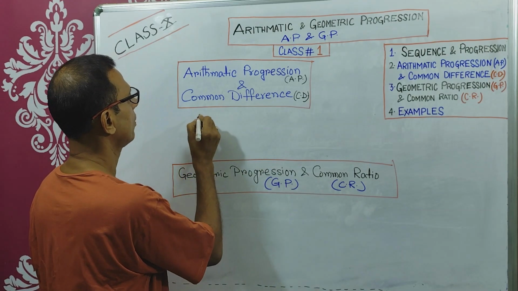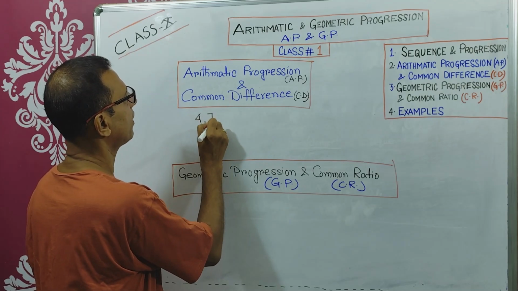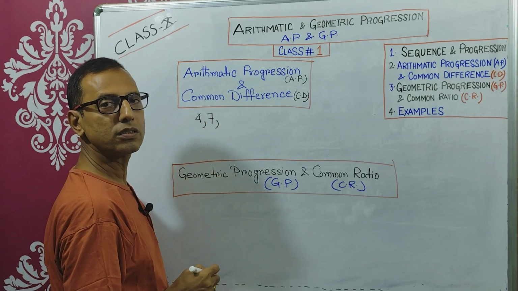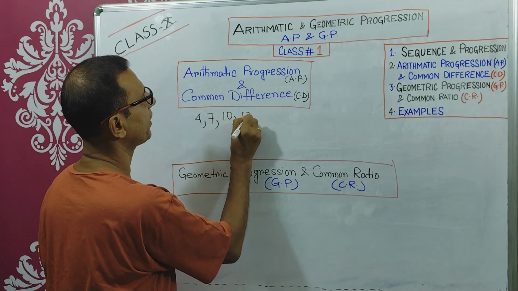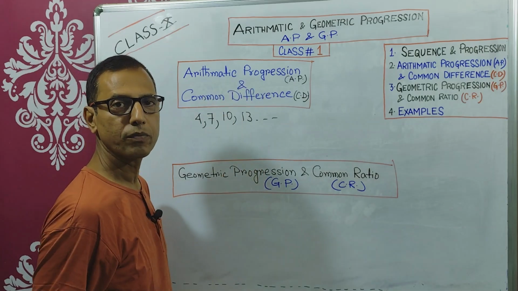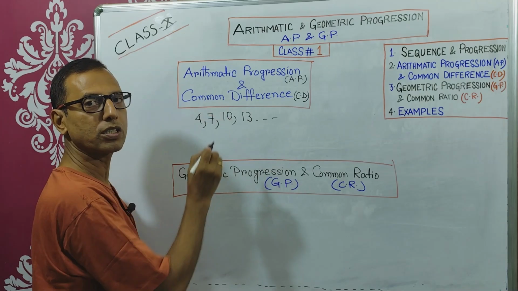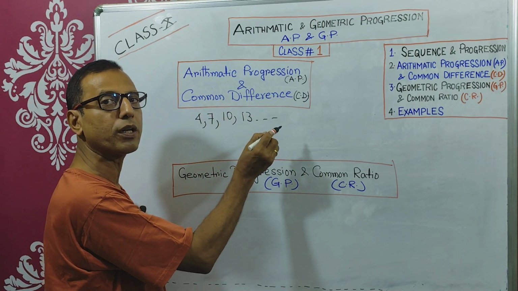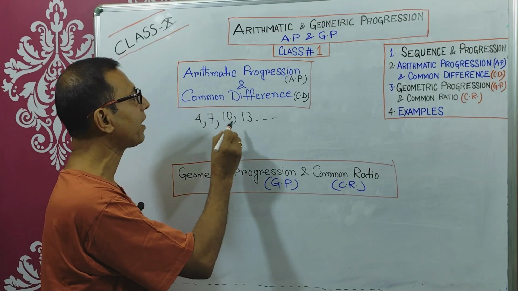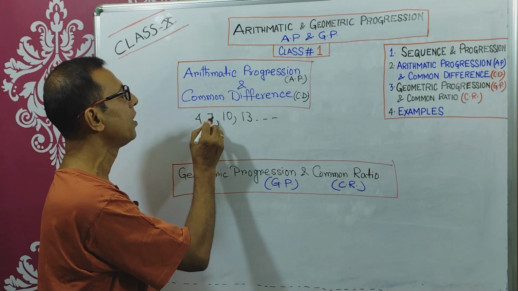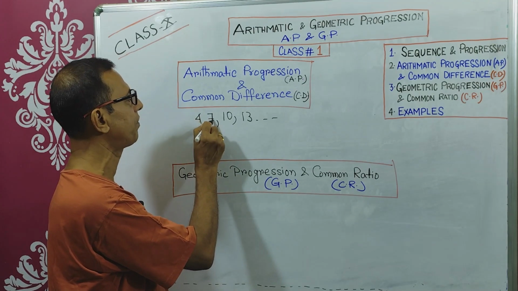Let's say there is a sequence 4, 7, 10, 13 and so on. 4 is the first term of this progression or sequence, because it is both a sequence as well as a progression. It maintains a uniform pattern between two consecutive terms: the difference between the second and first term is 3, 7 minus 4.